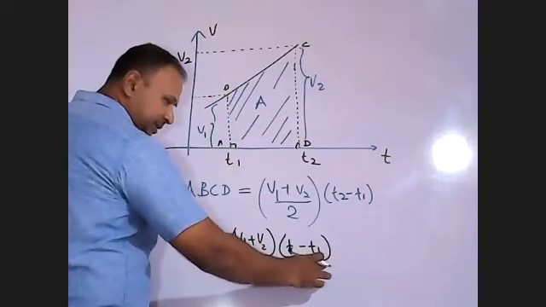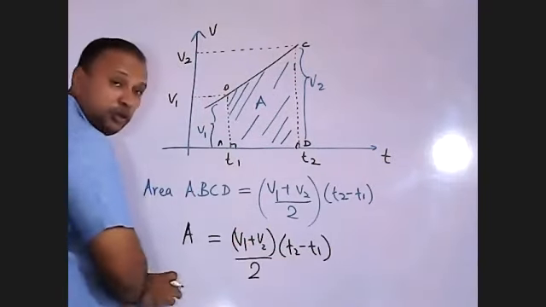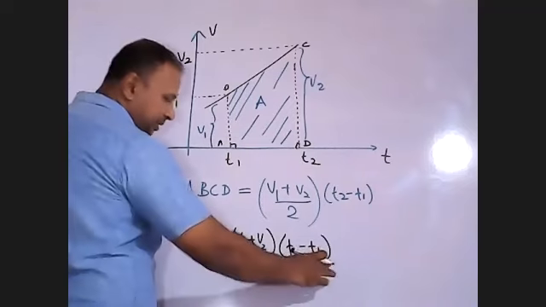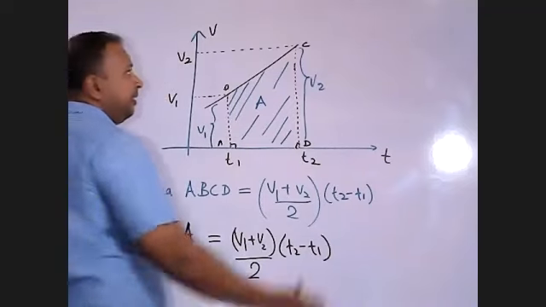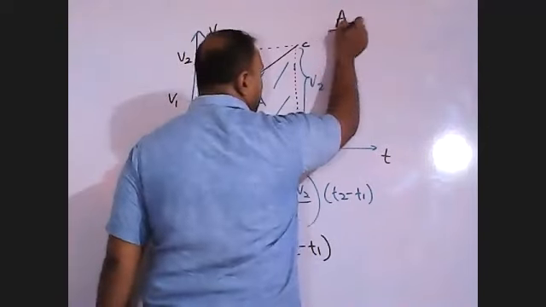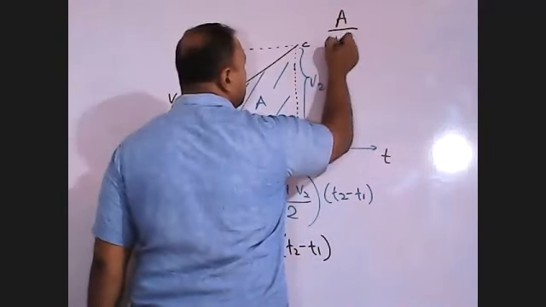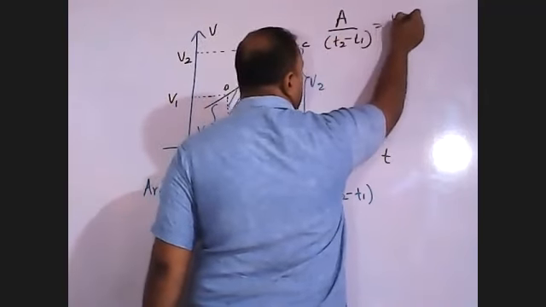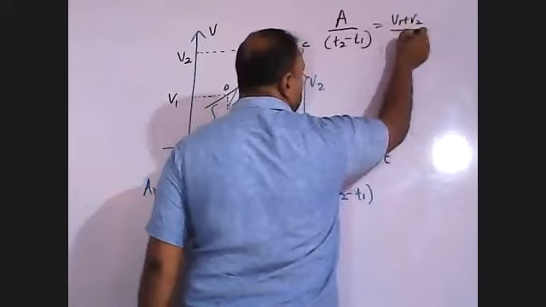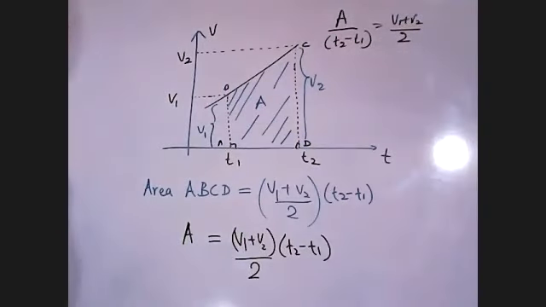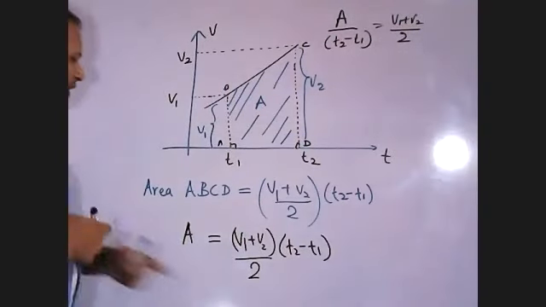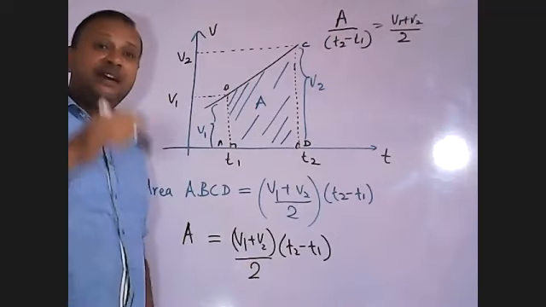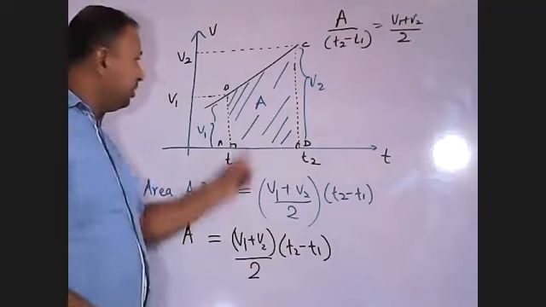I can bring this value to this side through a cross product. Then it is equal A over T2 minus T1 is equal to V1 plus V2 over 2. V1 plus V2 over 2 is the average velocity.